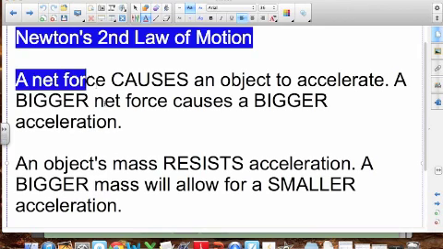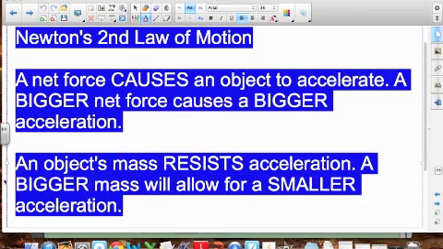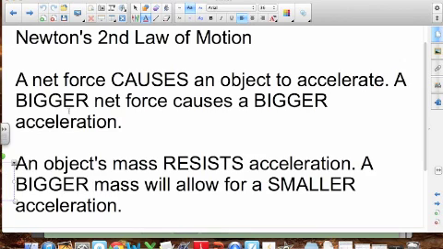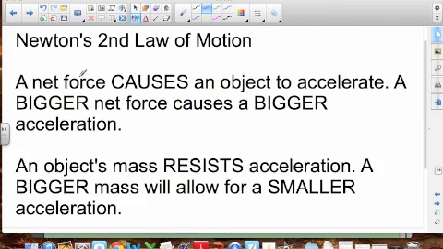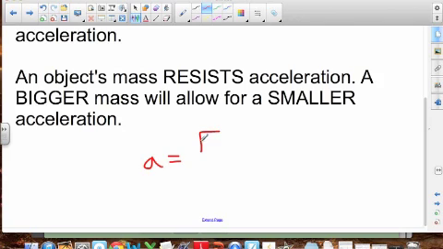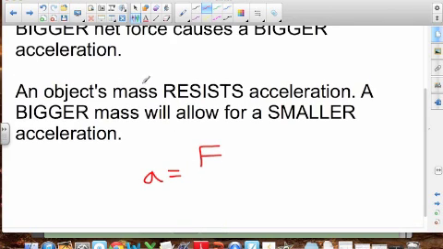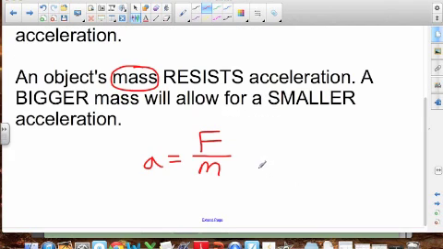Now, Newton's second law of motion can be summed up quite nicely in an equation. And this equation will tell us what the acceleration of an object is. So, if a net force causes an object to accelerate, and a bigger net force causes a bigger acceleration, here's our force, but the mass of an object will resist the object's acceleration, which means that we're going to be dividing by the mass.